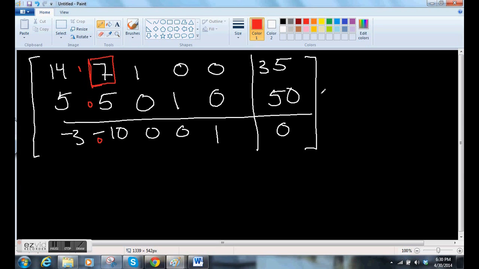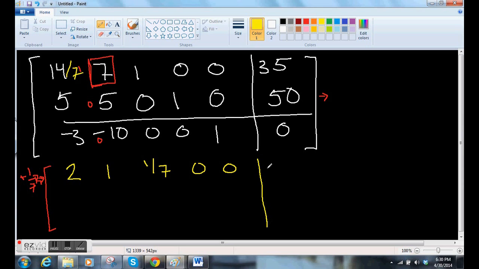I don't like having a 7 there. I want that to be a 1. So I'm going to take row 1 and multiply it by 1/7, basically dividing all of row 1 by 7. That becomes 2, then 1, then 1/7, 0, 0, and 35 divided by 7 is 5.